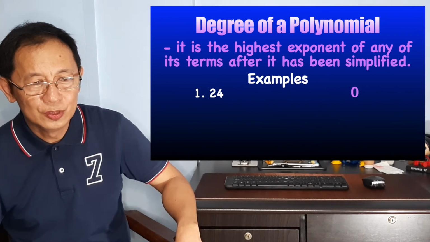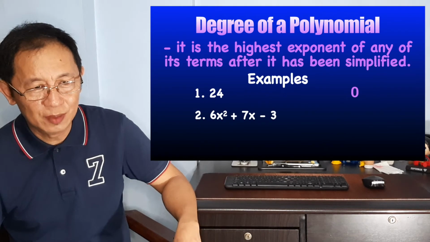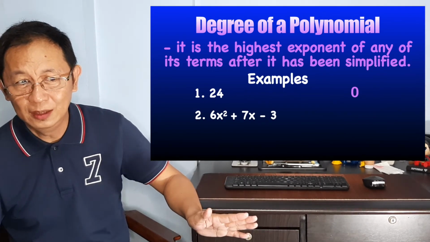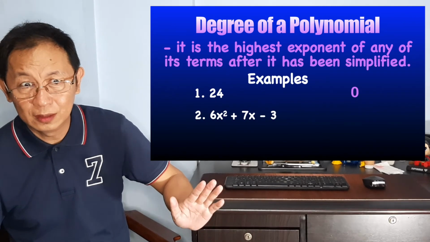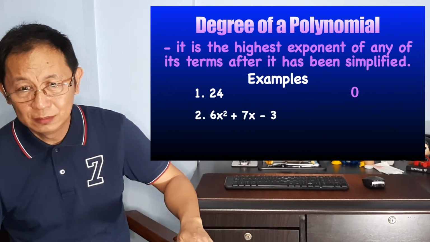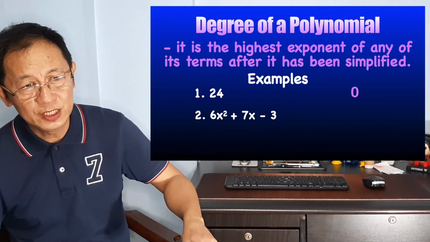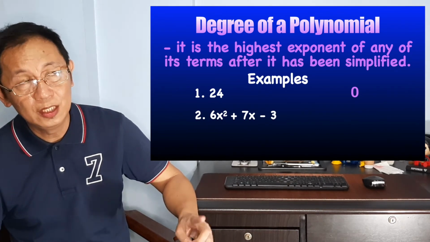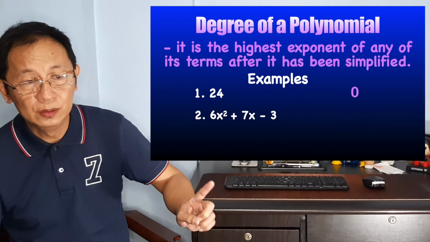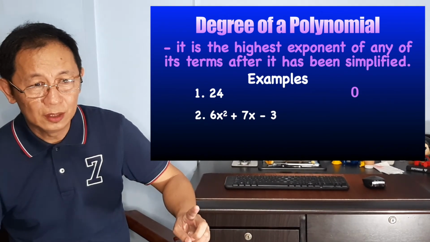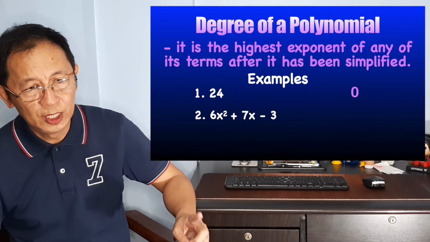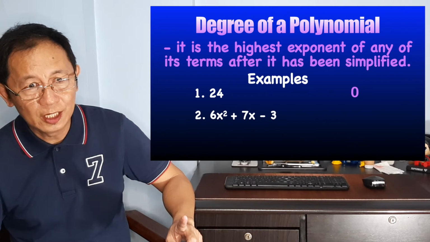Number 2. 6x squared plus 7x minus 3. So, trinomial siya. So, bawat term, no, bawat monomial dyan, may degree. So, yung 6x squared monomial, ang degree niya ay 2, second degree. Yung 7x, ang degree niya is 1. Yung negative 3, ang degree niya ay 0.